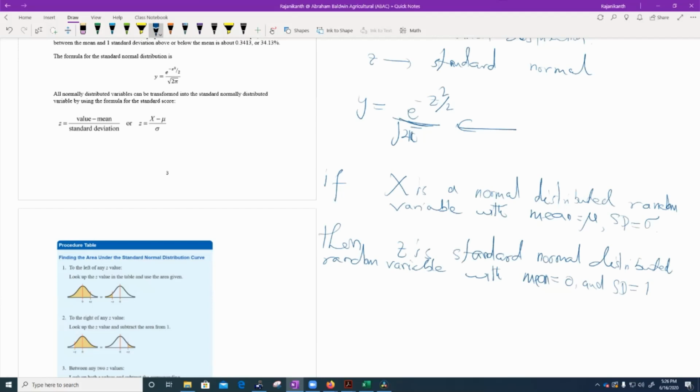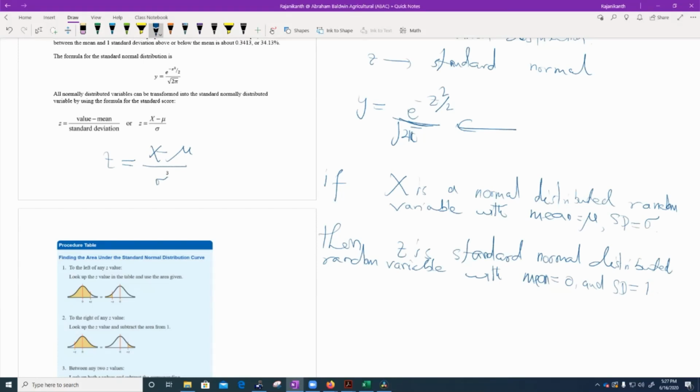Okay, so now what is the connection between z and x? Well, this is the connection we have. The standard normal is always given by the normally distributed random variable, subtract its mean and divide by its standard deviation, right? So if you know the mean and the standard deviation of the random variable x, then subtract the mean of x and divide by the standard deviation of x.